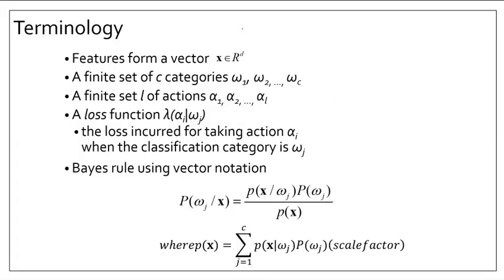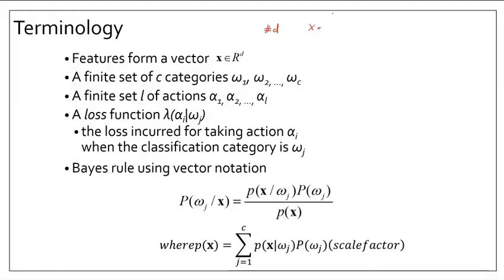Now, a few terminologies you must understand, you can note them down. Features, if they are of d dimension, where small d is the number of dimensions. So x is the input feature, or the feature vector which is to be classified. It's a collection of features.